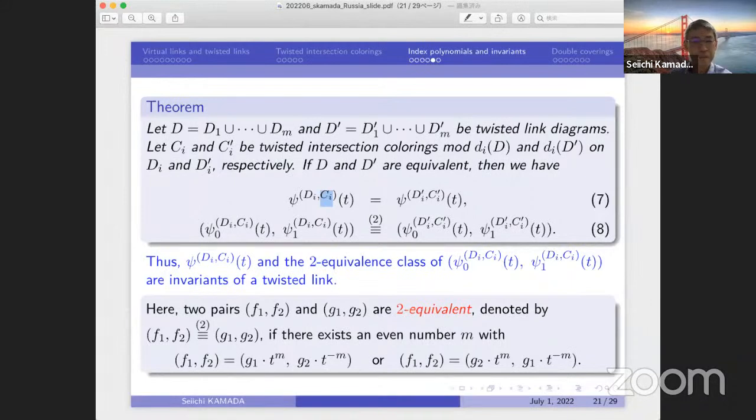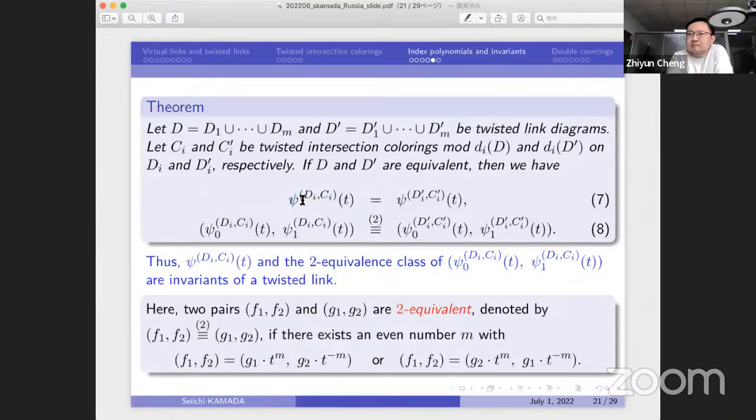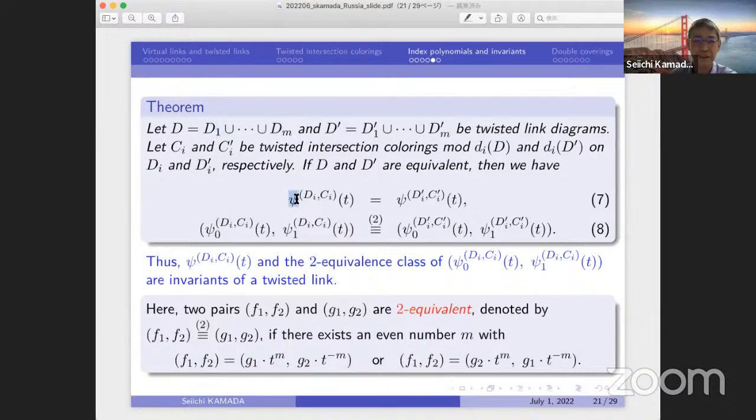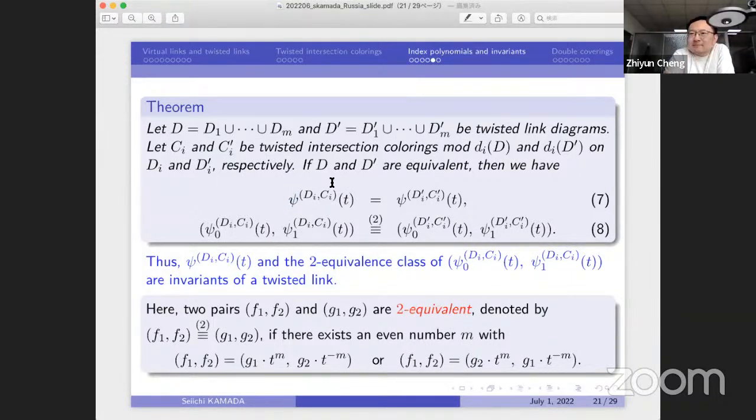And our invariant is equivalent to the affine index polynomial for virtual knots in the one component case. And in the two component virtual link case, it is equivalent to, I forgot the name, but a known invariant. Essentially equivalent. So in that sense, this invariant is a generalization to the many component and twisted case. Okay. Thank you. Other questions?